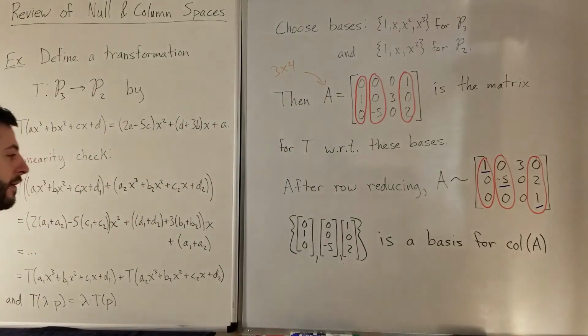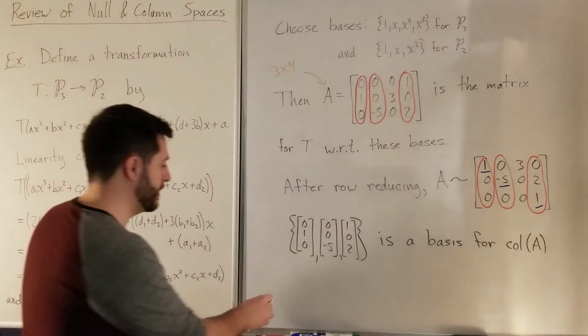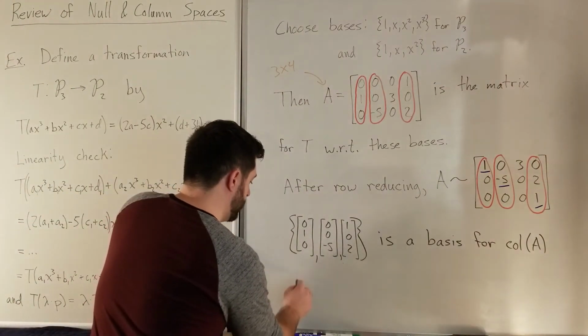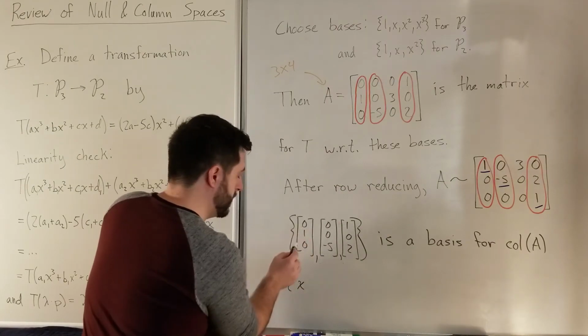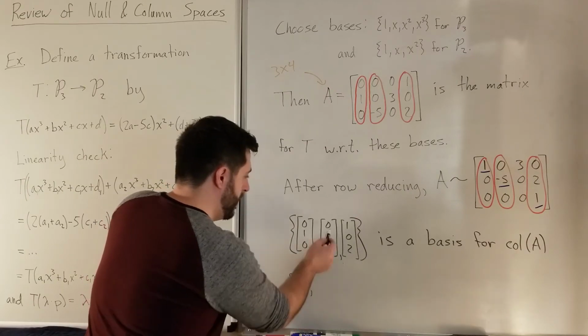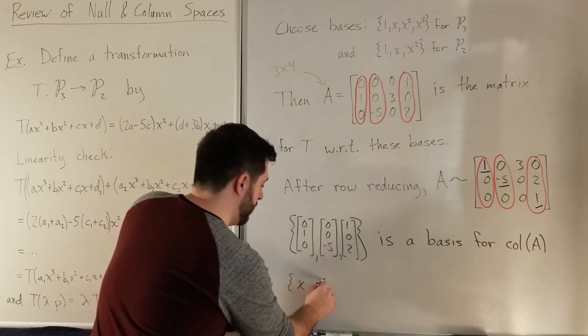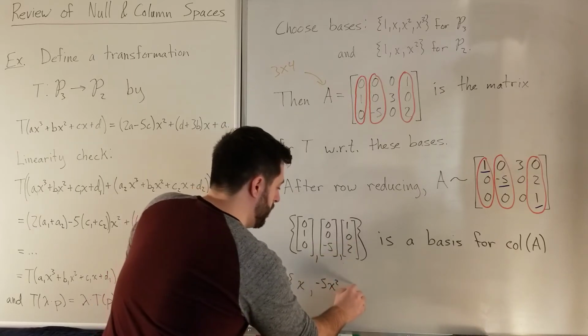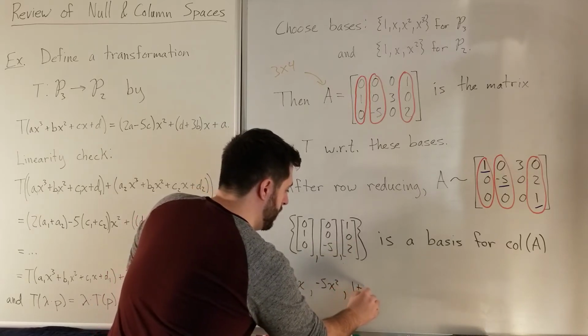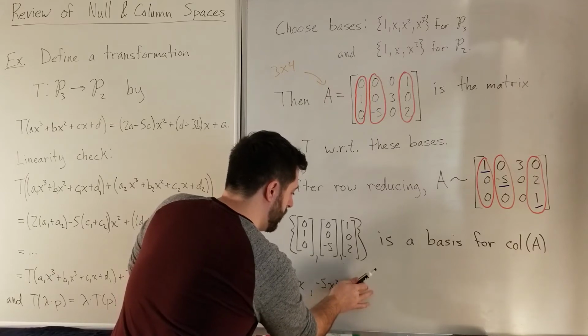So the basis that we just found for the column space is this. This first one is x, so 0 times 1 plus 1 times x plus 0 times x squared. The second one is negative 5 times x squared. And the third one is 1 plus 2x squared.